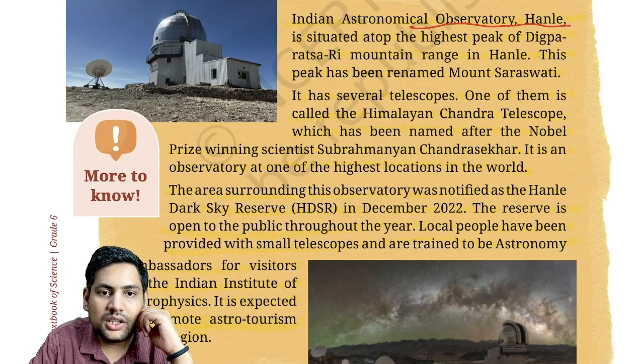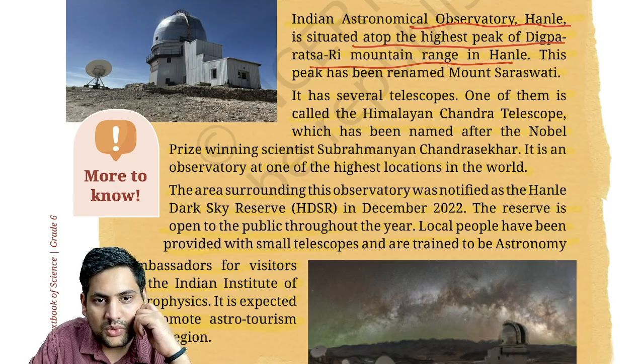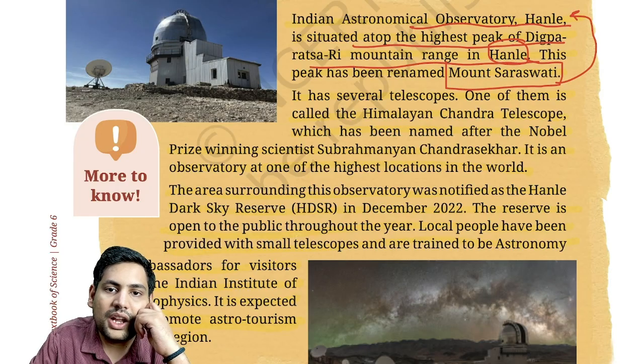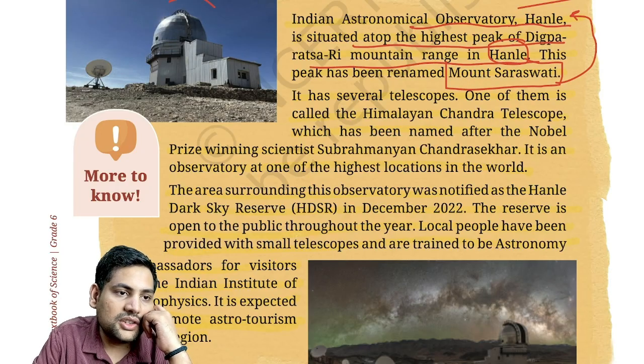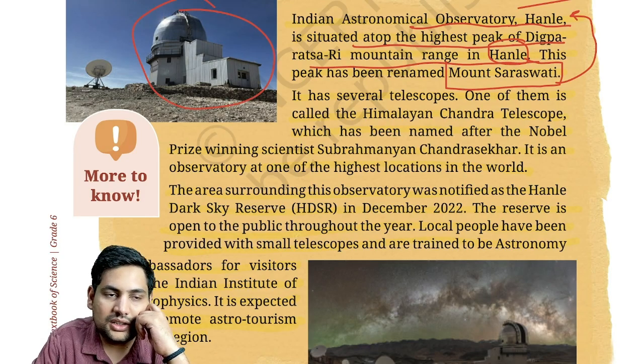This is situated atop the highest peak of Dikpa Ratsari mountain range in Henley, Ladakh. This peak has been renamed as Mount Saraswati. So on Mount Saraswati, you have the dark sky reserve. Can you see this? Yeah, this is a dark sky reserve.